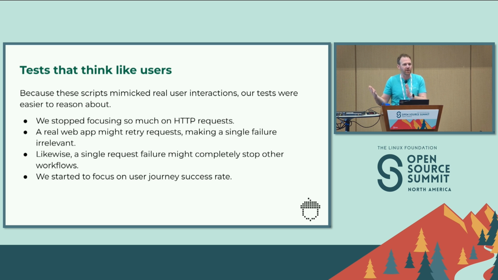It doesn't really matter. As long as it's not affecting users, it can fail all at once. Likewise, you might have some single critical request in the path somewhere that if it fails, it's going to stop the entire user journey. And so again, we're not focused on individual request metrics. We're focused on user journey success rate.